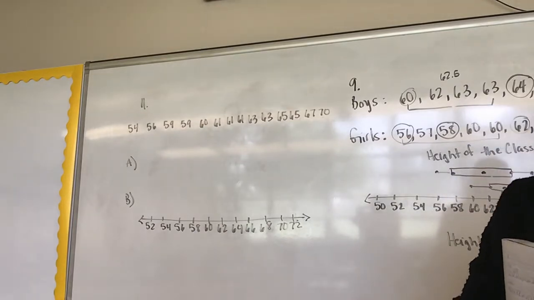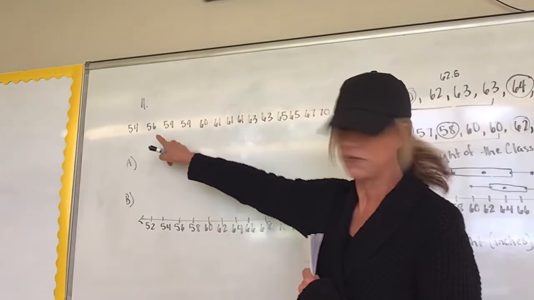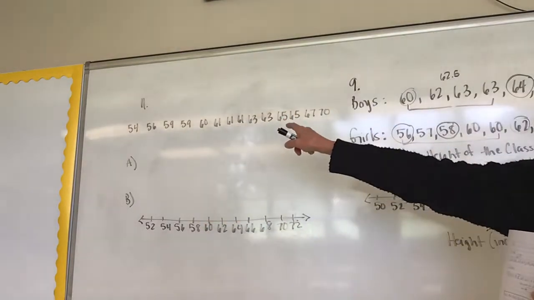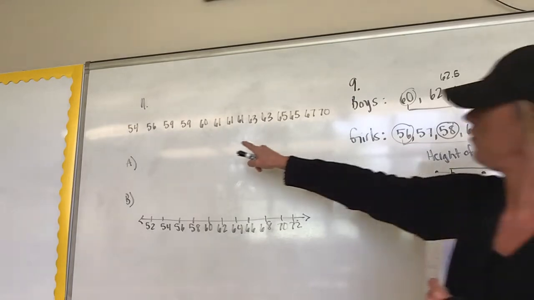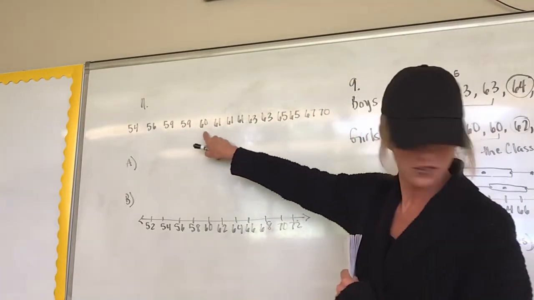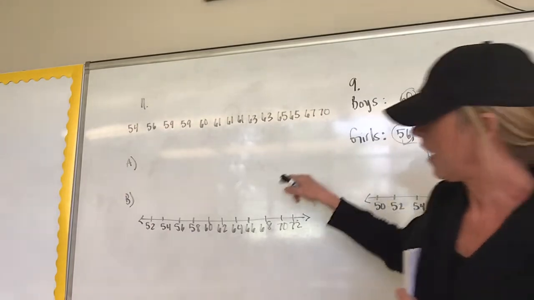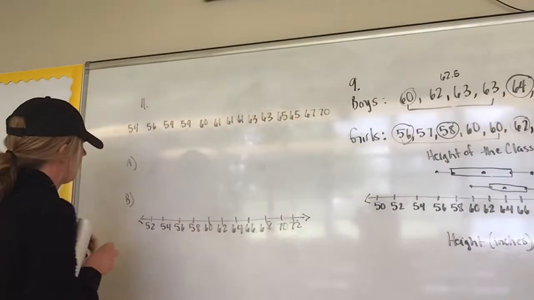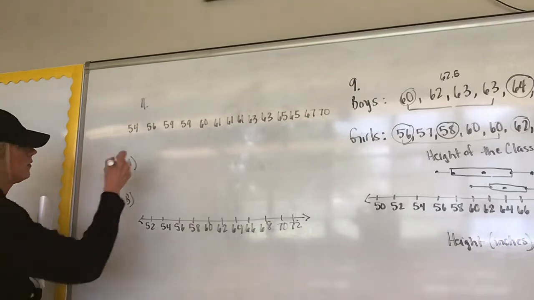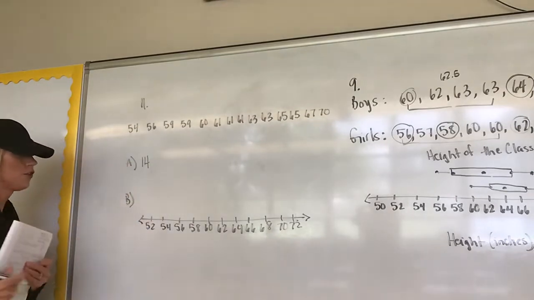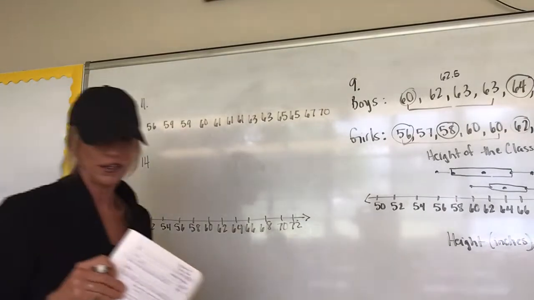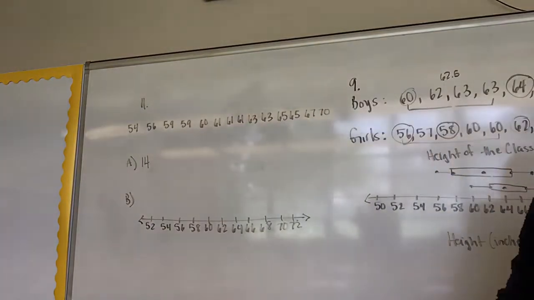Okay, so now every dot, so there was 1 dot for 54, 1 dot for 56, there were 2 dots for 59, there was a dot for 60, and so forth. So when we count up all the dots, we know that there were 14 observations. So A for number 11 is 14. There were 14 observations. So that's the first part of number 11 that you should have come up with.